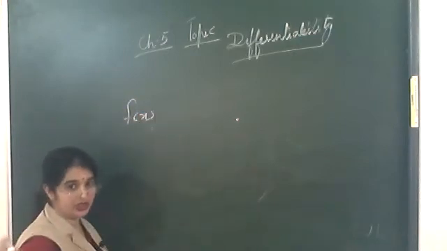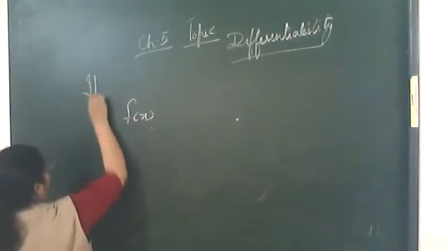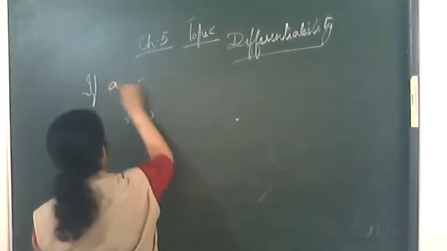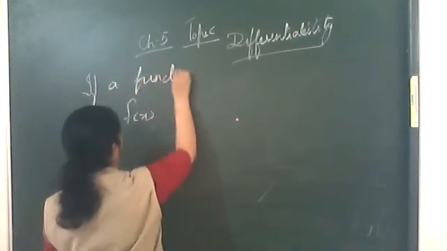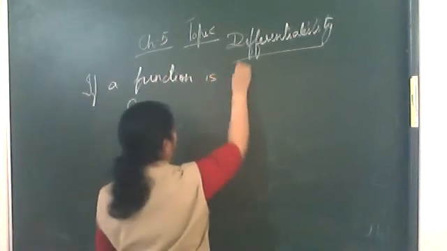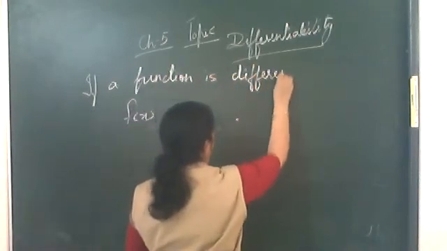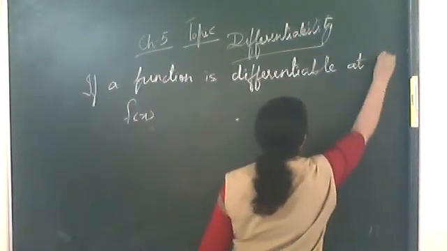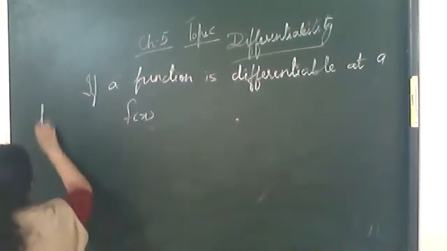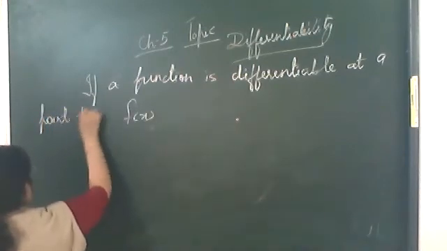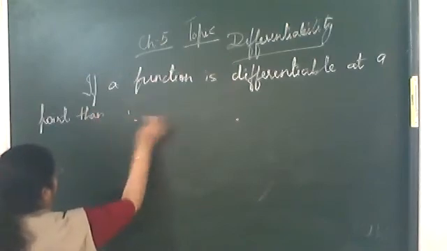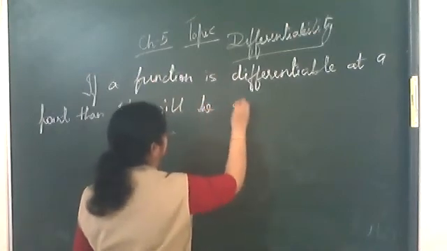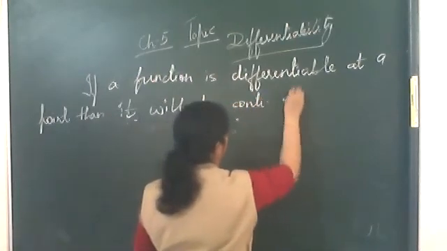If a function is differentiable at a point, then it will be continuous at that point.